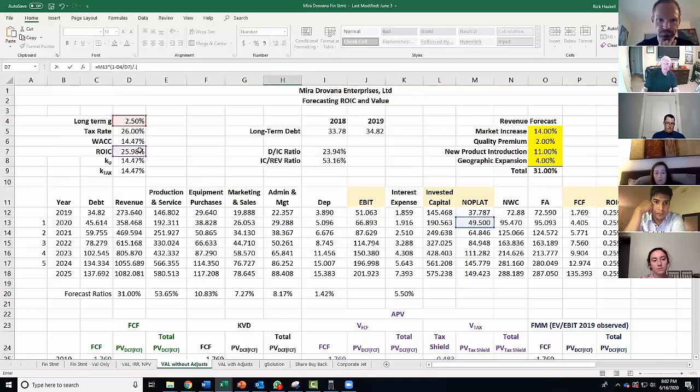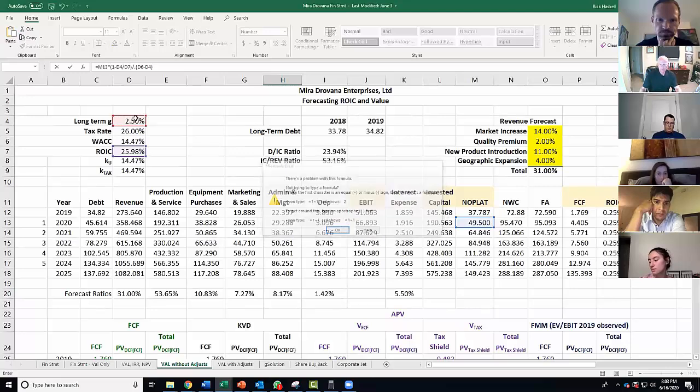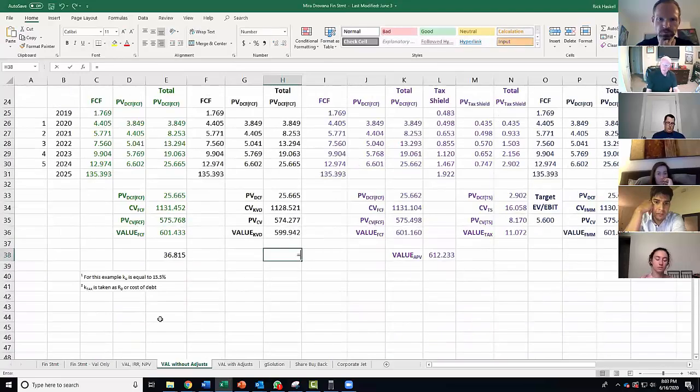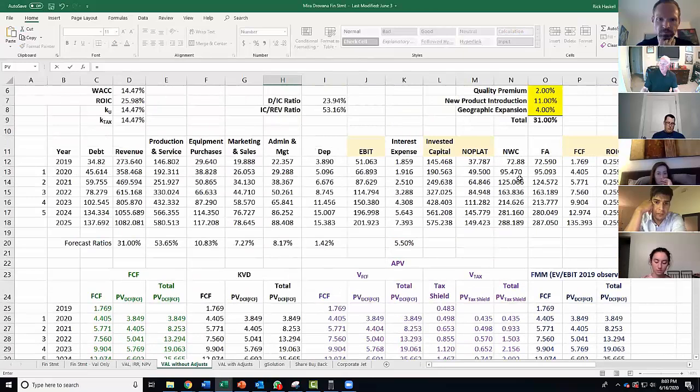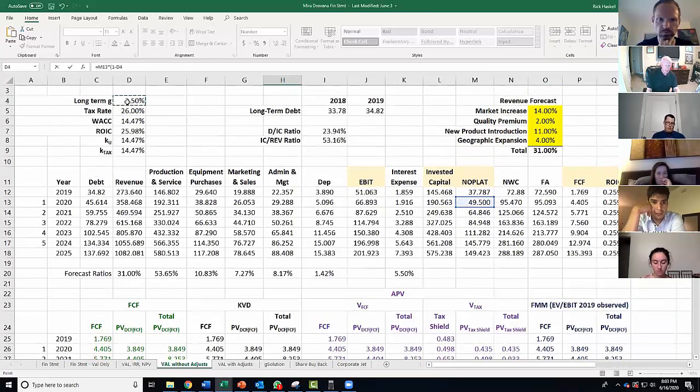I divide that by, where's my WACC? WACC minus G. I must have messed something up there. Excuse me. Let me redo that. I apologize. I could just take my NOPLAT for the next period times 1 minus G divided by ROIC. And now I'm going to divide that by WACC minus G.